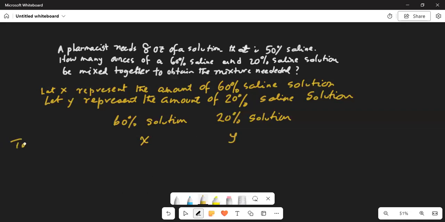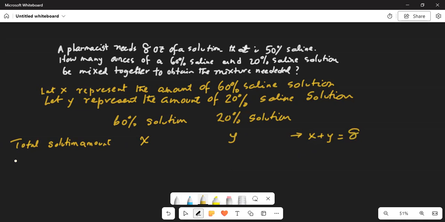So the total solution amount is equal to X plus Y, and that is equal to 8, because the pharmacist needs 8 ounces of the total final solution.